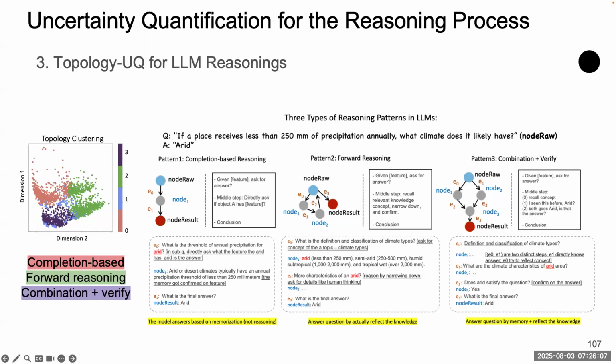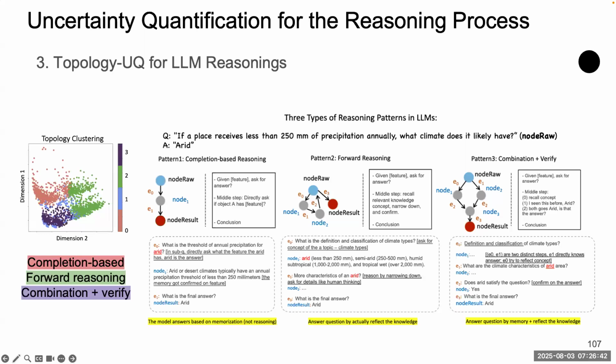And then the second type of, I'm saying something wrong. So the green dot here is the forward reasoning, which is not actually performing the actual reasoning, I believe, because it's just reading the original question and generating the subsequent answers directly.